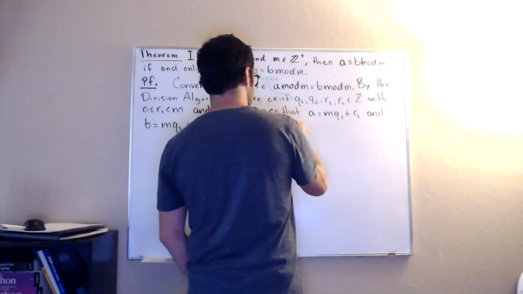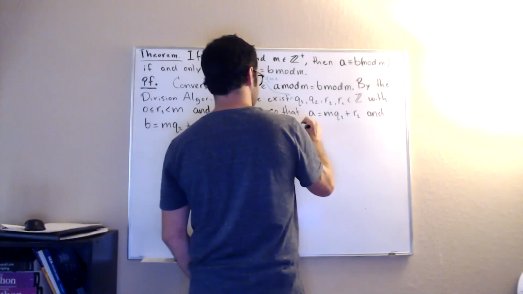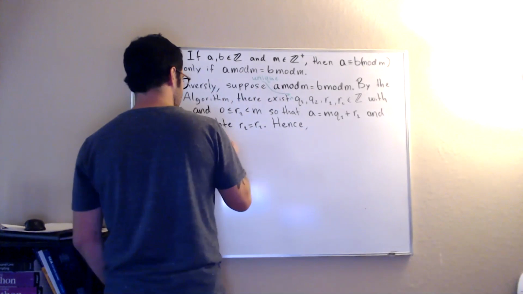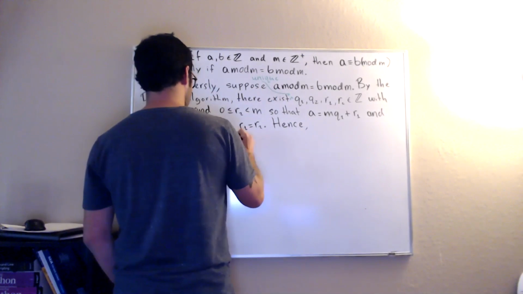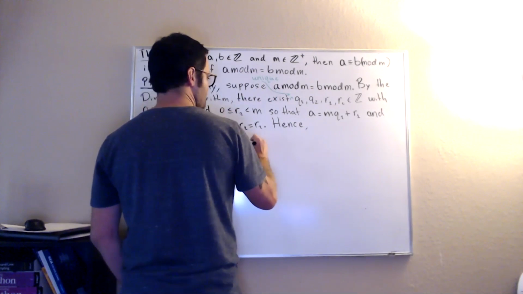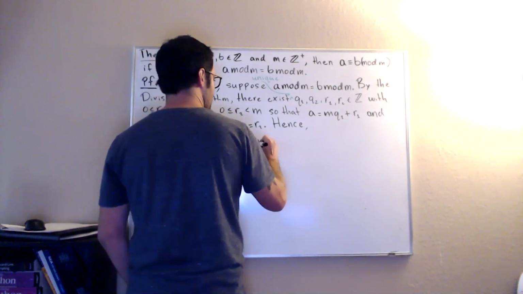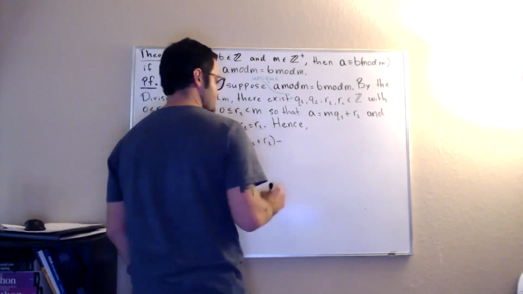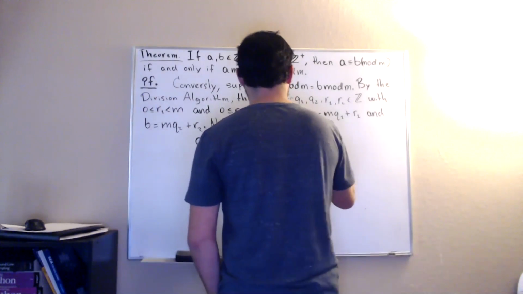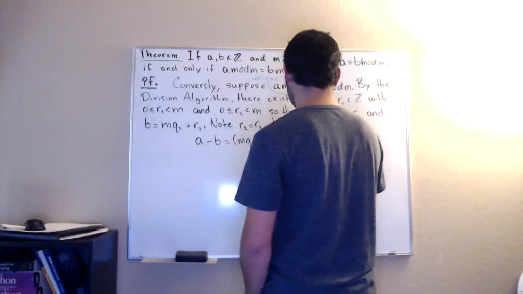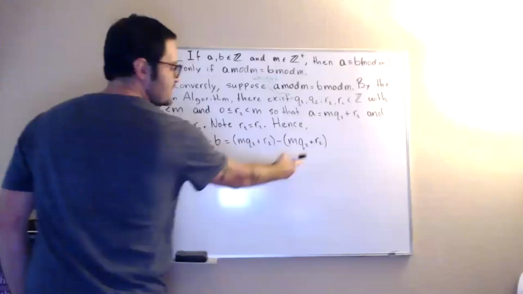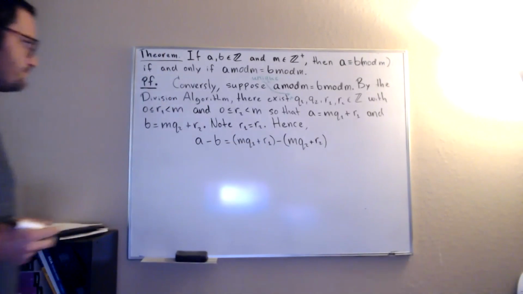So maybe something like hence, if we look at a minus b now, that's equal to m times q1 plus r1 minus m times q2 plus r2. Like that's a and that's b by the division algorithm.